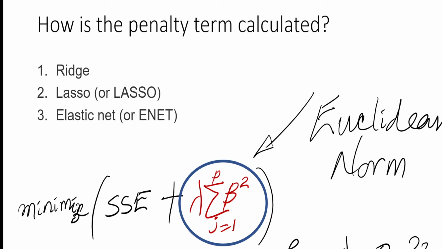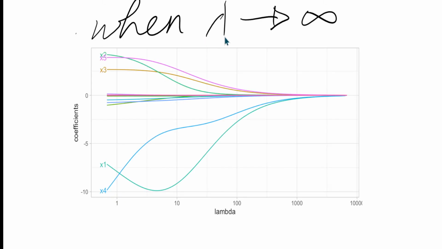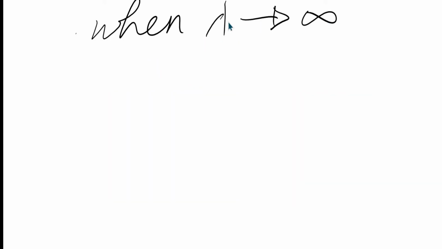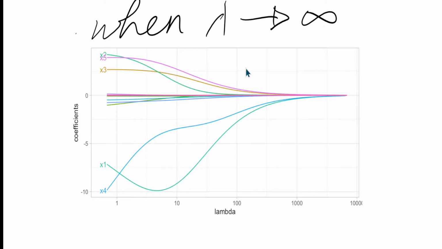But what if lambda goes above 0, from 0.something to infinity? What will happen? When lambda is going to infinity, let's say in this case they have added 15 variables, from x1 until many different variables, the value of the coefficients is pushed toward 0.